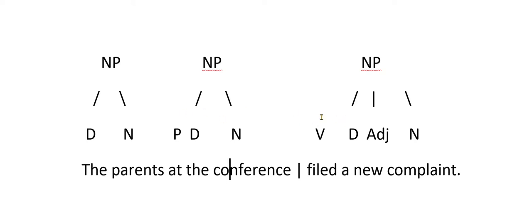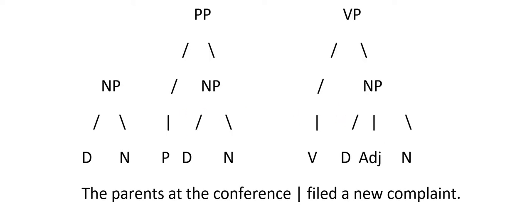So we have 3. So to build the sentence a little bit more, we can take the verb and the noun phrase together to create the verb phrase here. And then we have the preposition plus the noun phrase creates the prepositional phrase.